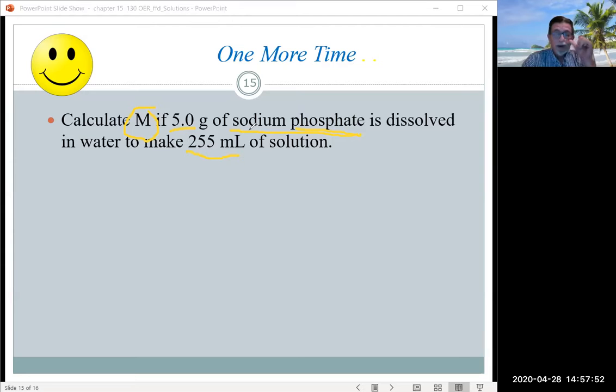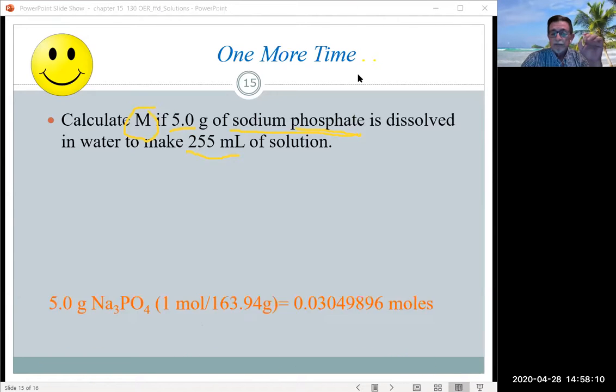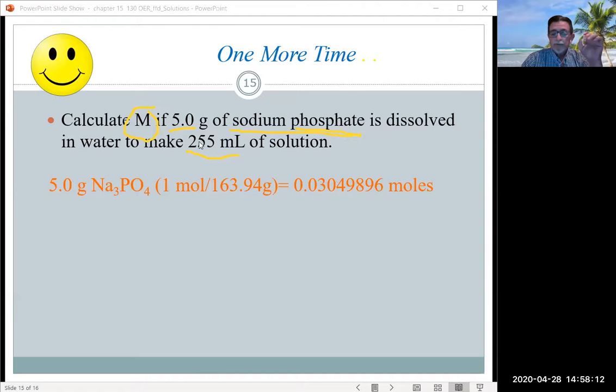So therefore, I'm going to need 3 sodium ions for every phosphate. So my formula becomes Na3PO3. Once I know the formula, I add up all the atoms, and I have a molar mass.